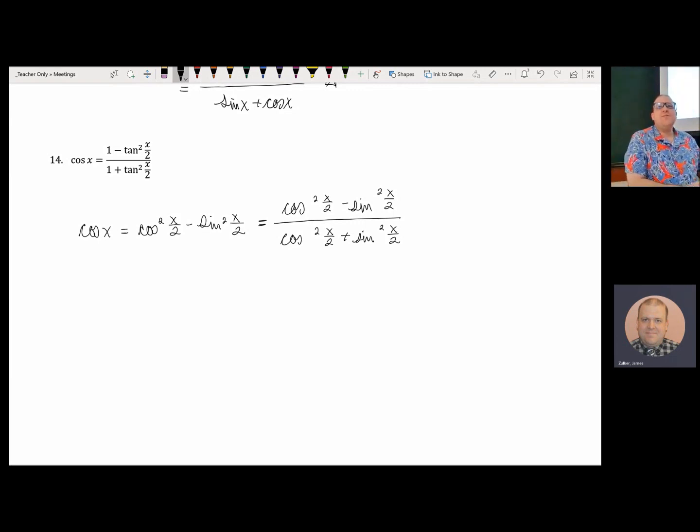So now the question is, which is Bruce Wayne, 1 or cosine squared plus sine squared? I'd say 1, because cosine squared plus sine squared is definitely cooler, in quotes.